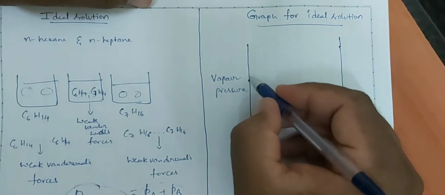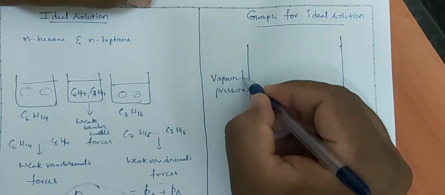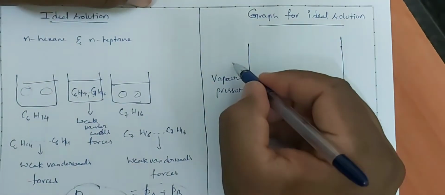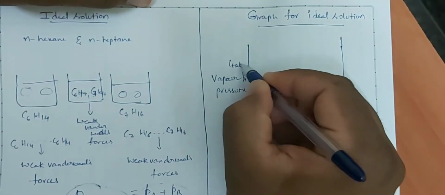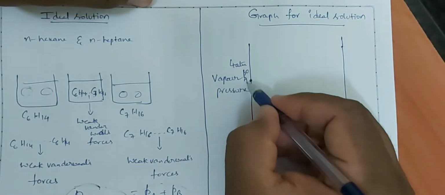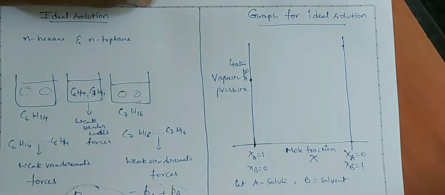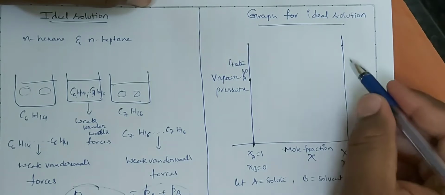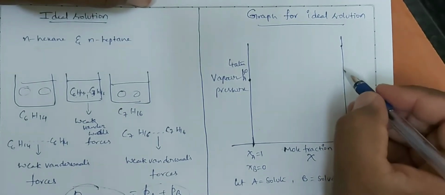So here I am going to take P naught of A as 5 atmospheres. Observe this point correctly. At this point it is P naught of A, which is 5 atmospheres. From here to here, this is 5 atmospheres.